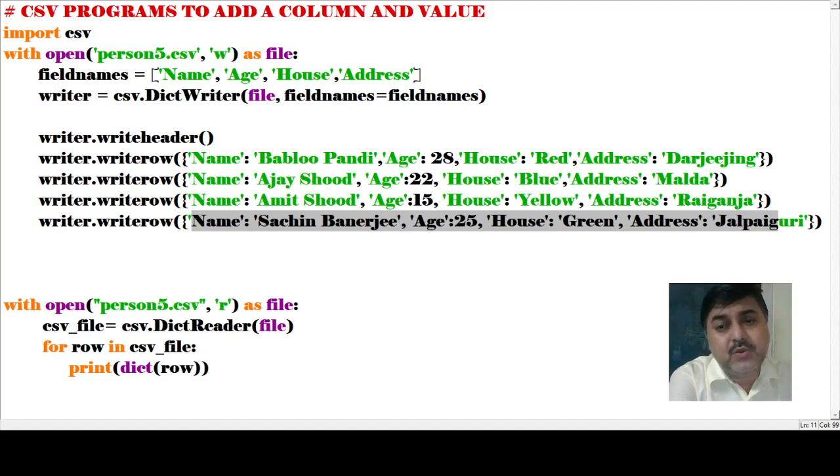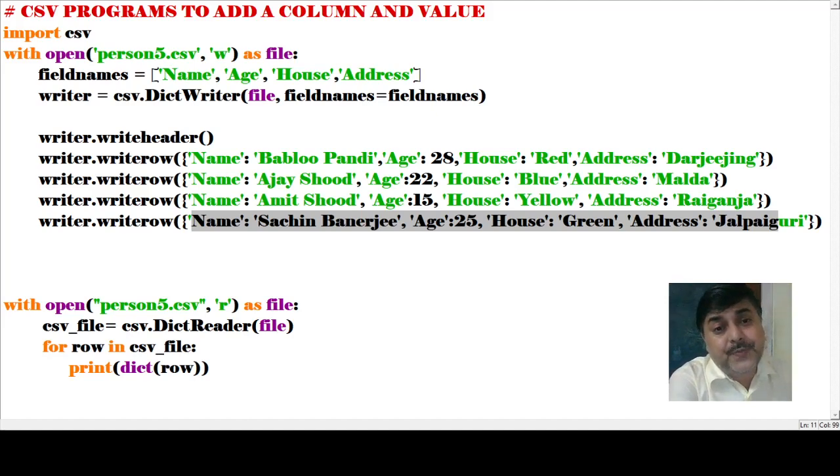Name, age, house, address. All these things we are giving. Then I have written writer equals csv.DictWriter, file, fieldnames equals fieldnames, those field names.